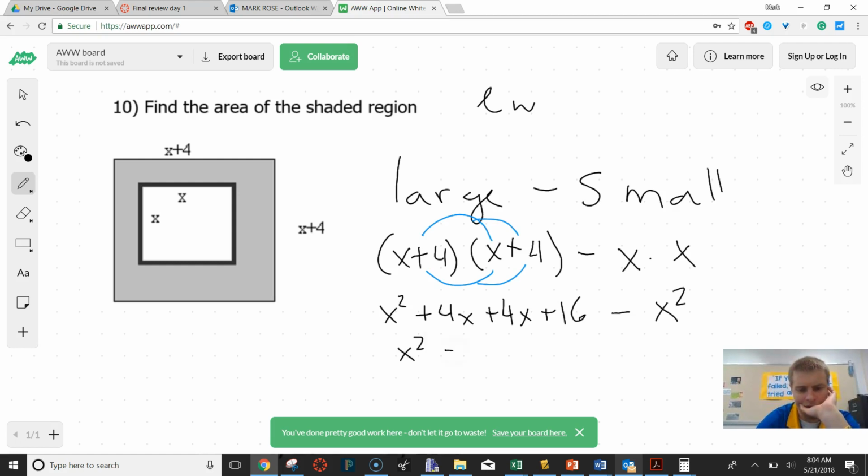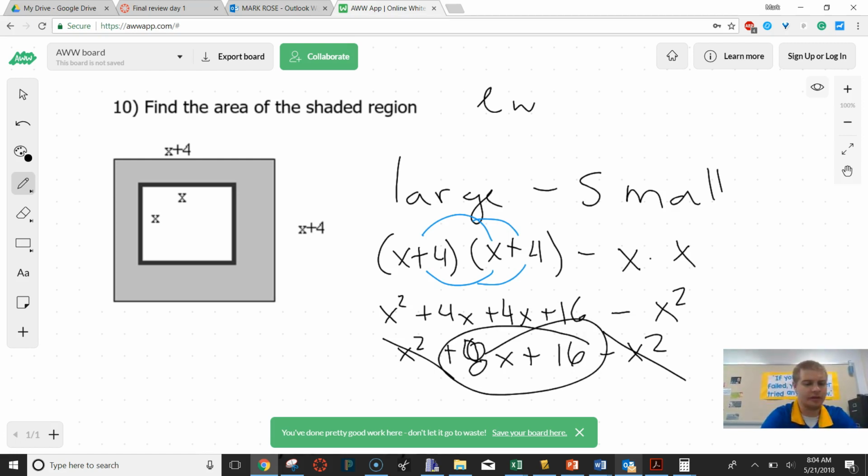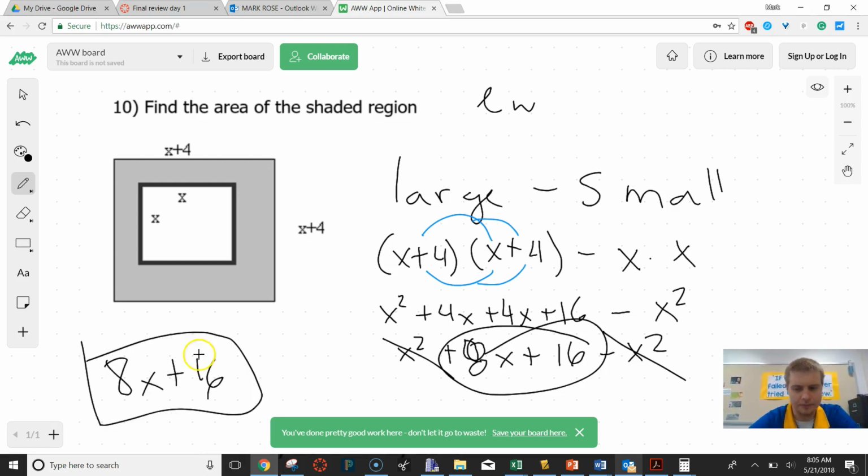So this would be x squared plus 8x plus 16 minus x squared. When I subtract the x squareds, they go away, and there is my final answer. The area of the gray part is 8x plus 16. Let's try the next problem.